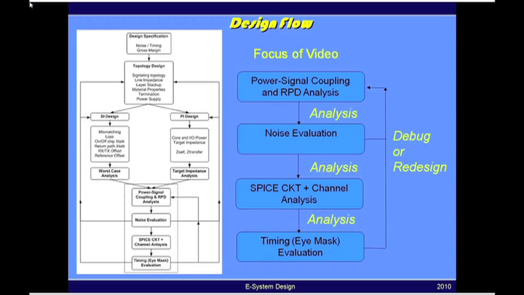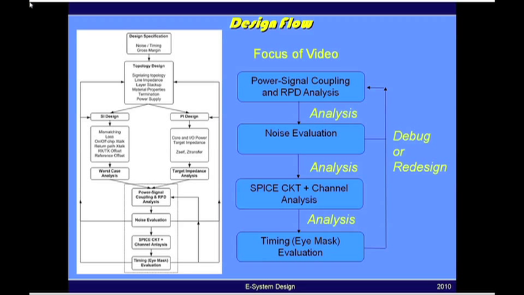When you look at signal and power together, one of the effects we are looking at is the signal to power coupling. And what we are looking at in terms of the interaction between the two is the noise that you're generating on the power distribution network as you communicate between a driver and a receiver circuit.